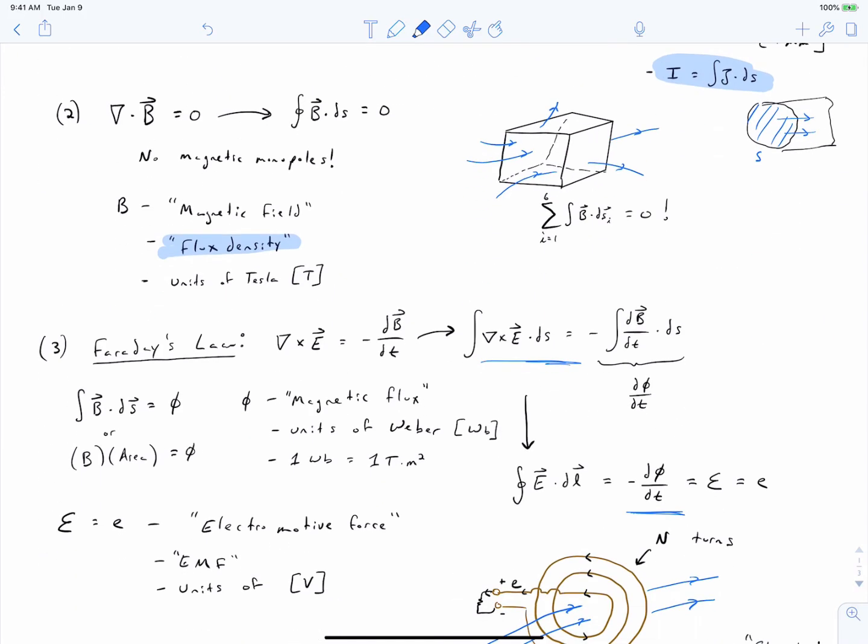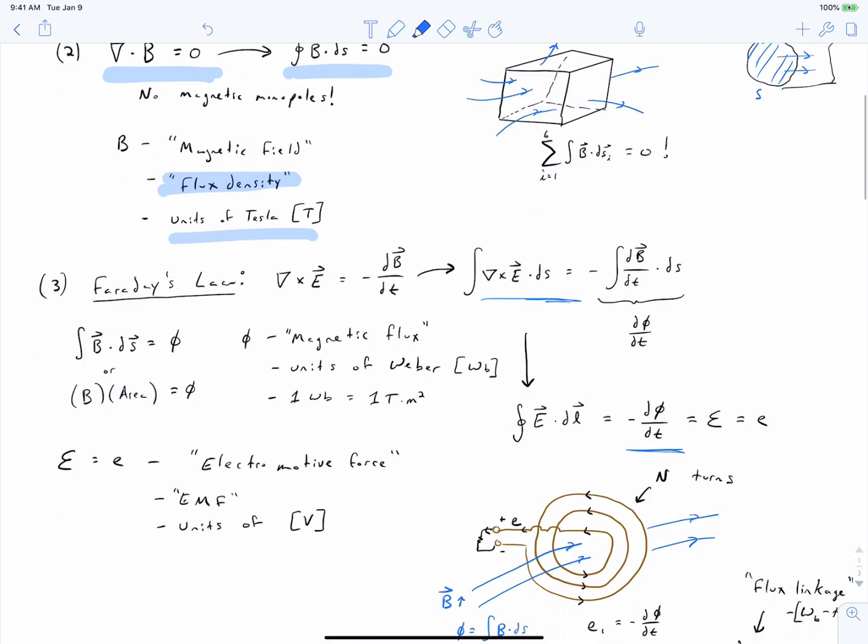We talked about how magnetic fields have no monopoles, and so we can express the surface integral of the fields across all surfaces. We can sum up the fluxes through all surfaces of a closed body to show that there's no net flux. There can be no flux lines originating within a body. And we defined our magnetic field, the units of our magnetic field.